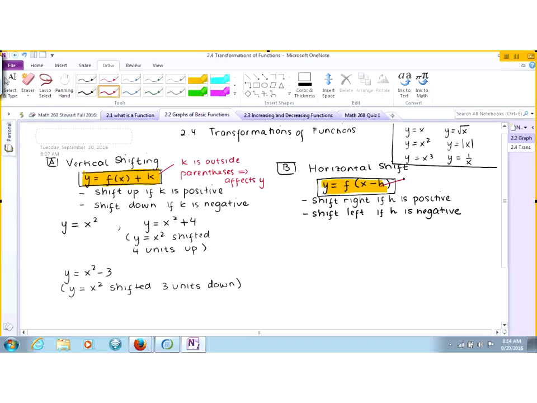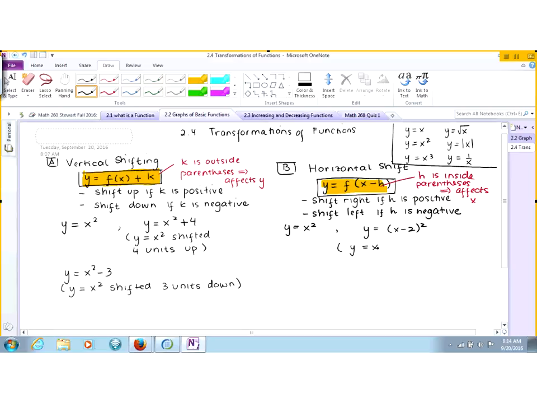It is always true: h is inside the parentheses, next to x, so it affects x, the horizontal component. Now compare again y equals x squared and y equals x minus 2 squared. What do you think happens if I have y equals x minus 2 squared?